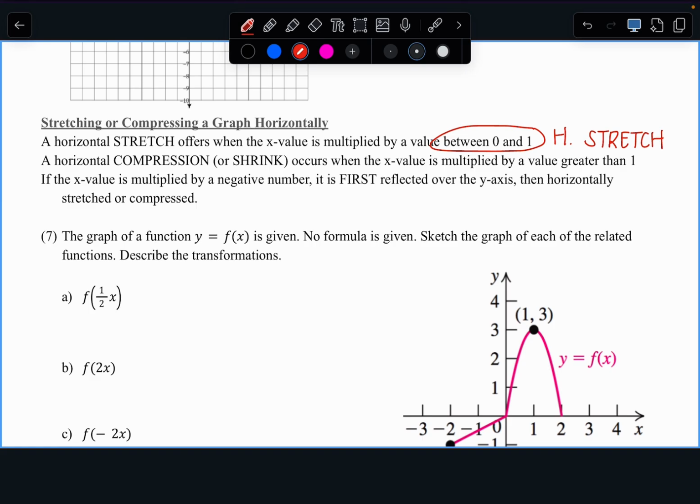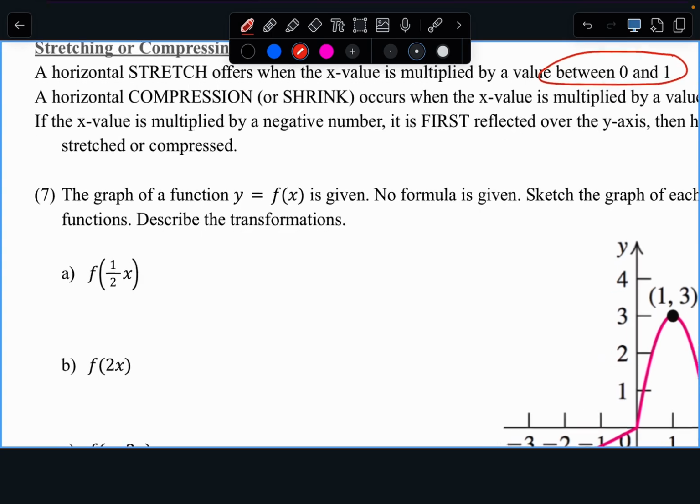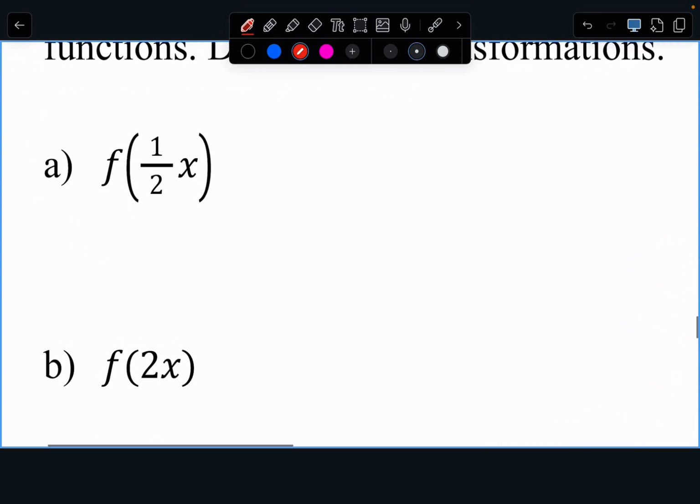A shrink would be when that value is greater than 1, when it's inside that function. So zooming in here, f of 1/2 of x. Because it is inside with x, this means it is a horizontal stretch.